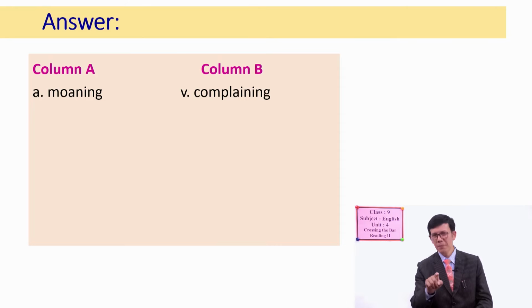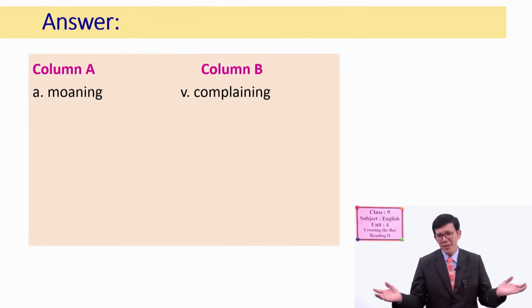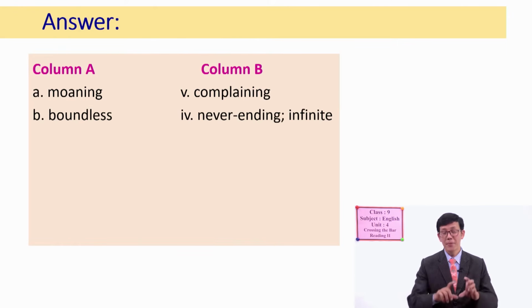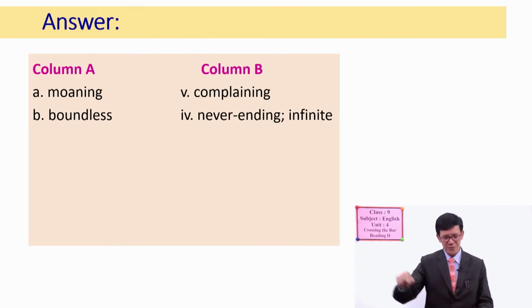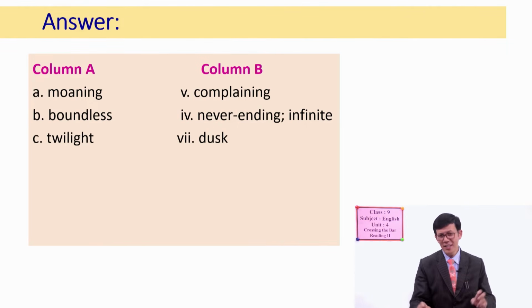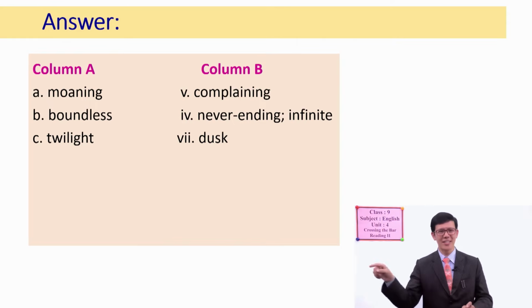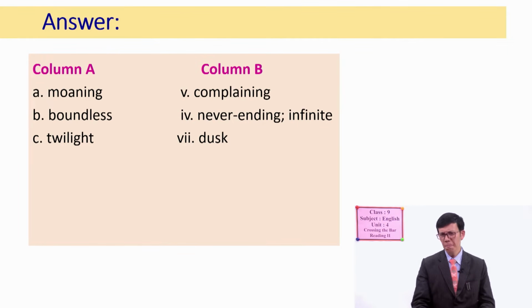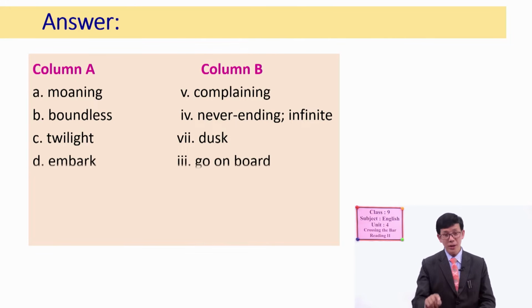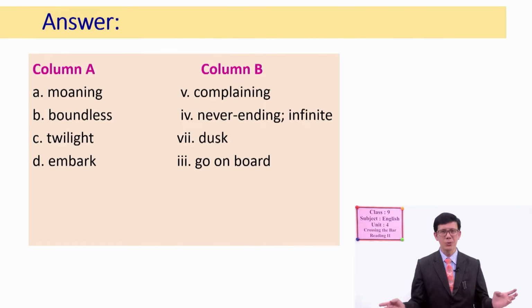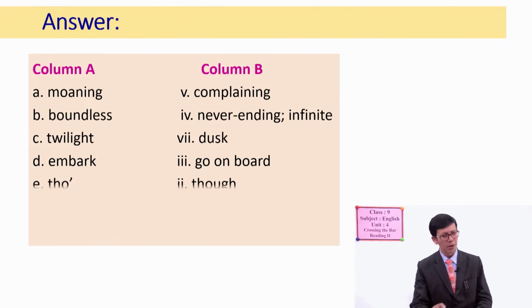What does that mean? Very good. You might have made it correct. Complaining. Next word, boundless. That means never ending, infinite. Another word, twilight. Very good. That means dusk. What about the next? Embark is what we discussed, that is to go on a boat.